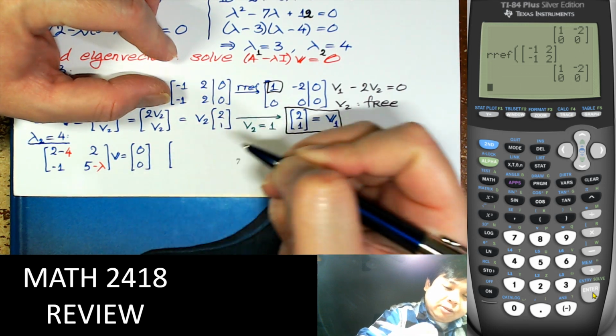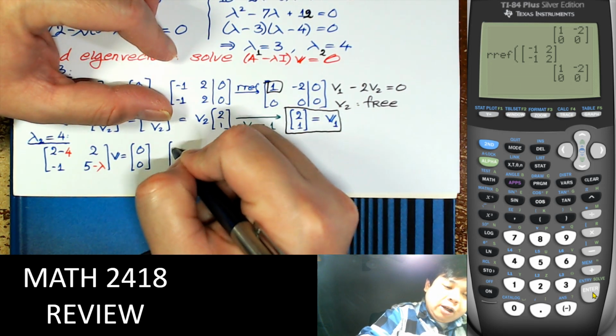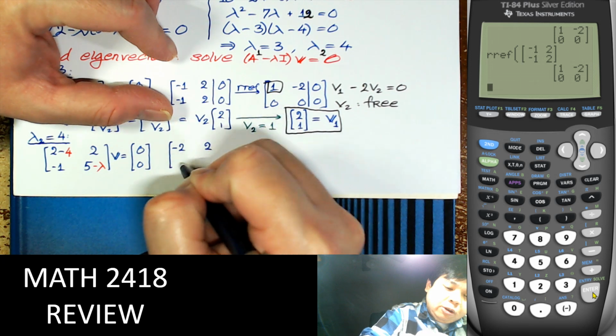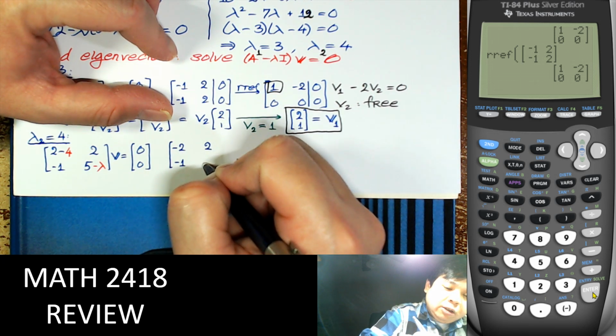That gives us negative 2, 2, negative 1, and 1.